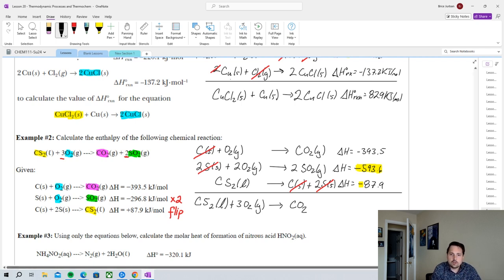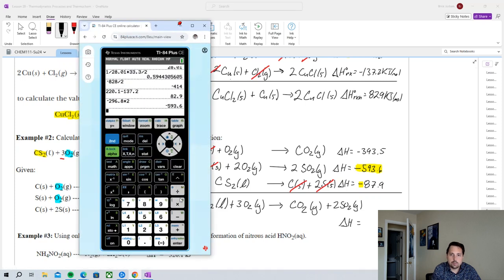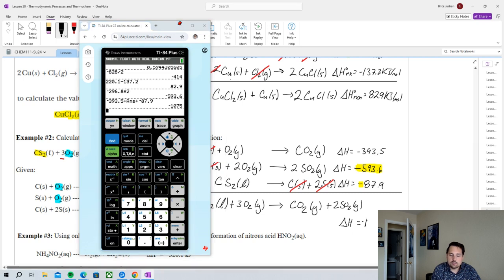And so this is one common way that chemists will find these values. Okay, so the delta H of this reaction is going to be equal to the sum of all those. Just sum them all. Very, very simple. Okay, negative 1,075.